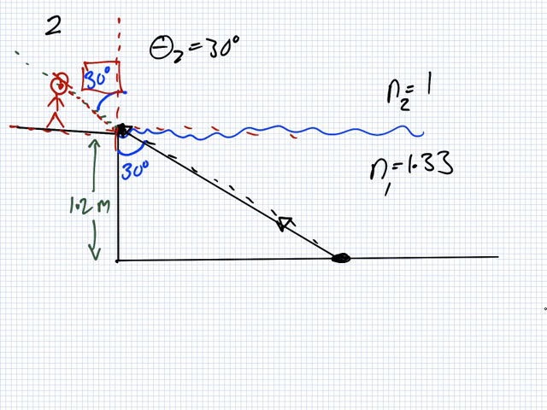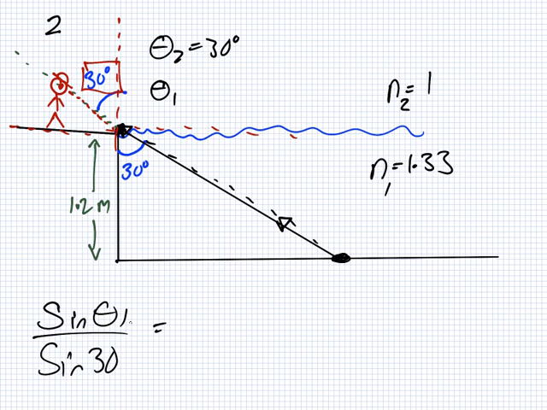Of course it makes sense. Now, we know the theta 2. We know the N2 is 1. We know the N1. So let's find the theta 1. Sine theta 1 over sine 30 is 1 over 1.33.